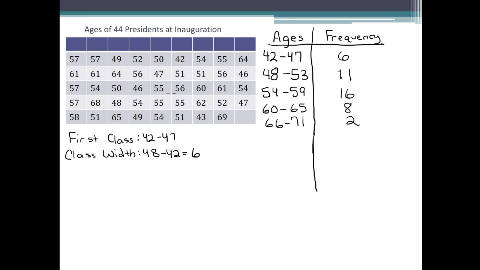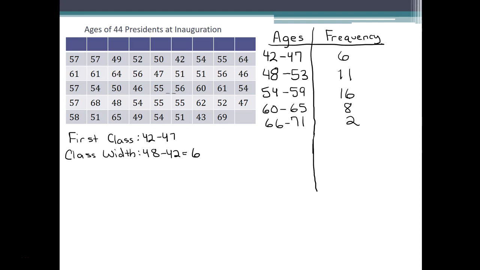66 to 71. I've got 1, 2, okay, I've just got 2 there. 60 to 65. 1, 2, 3, 4, 5, 6, 7, 8. Got 8 there.